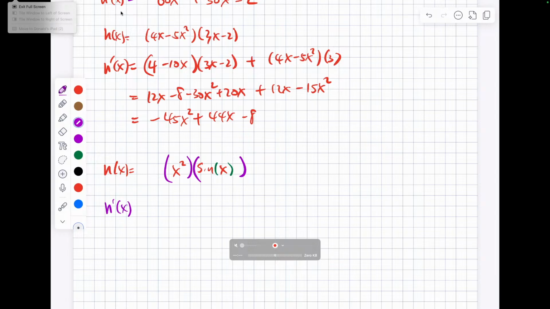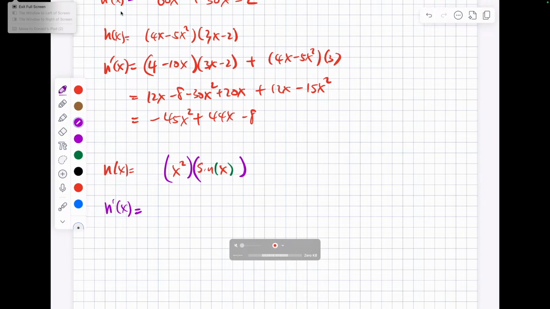Remember, it's right, left. Okay, I'm going to take a derivative now.